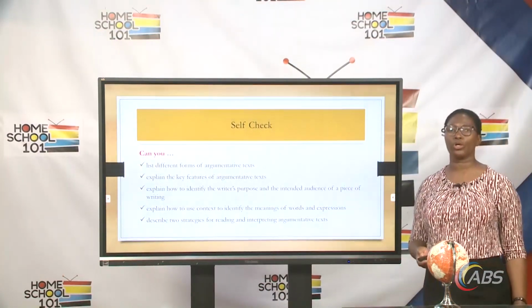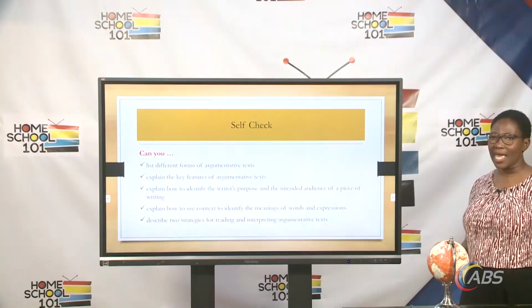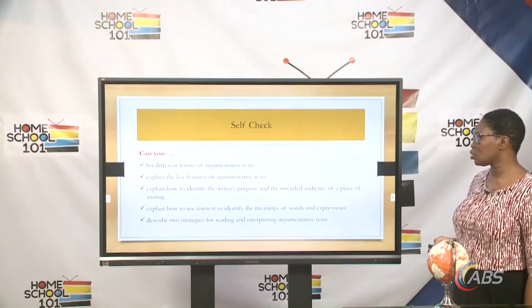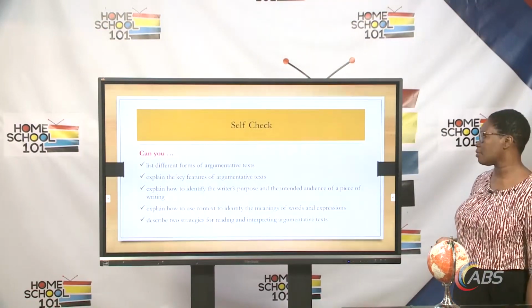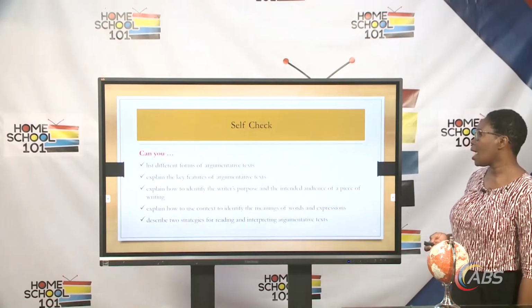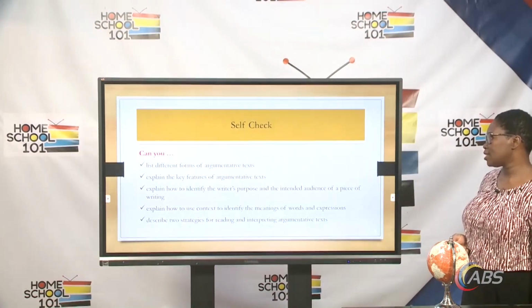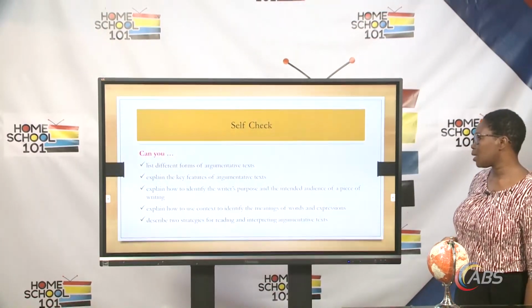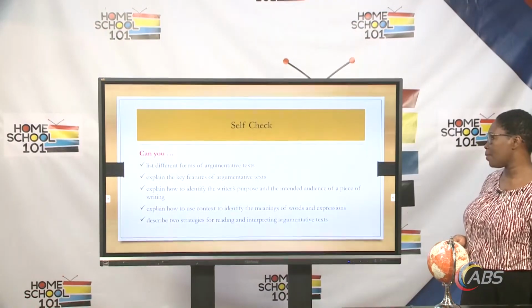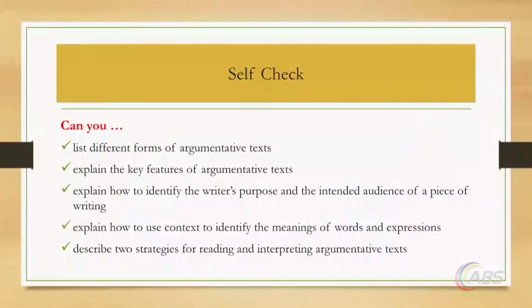So make sure you go through your self-check in preparation for your exam. Make sure you can list different forms of argumentative text, explain the key features of argumentative text, explain how to identify the writer's purpose and the intended audience of a piece of writing, explain how to use context to identify the meanings of words and expressions, describe 2 strategies for reading and interpreting argumentative text.